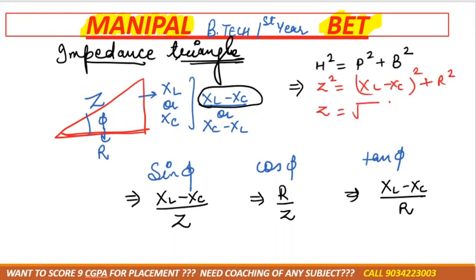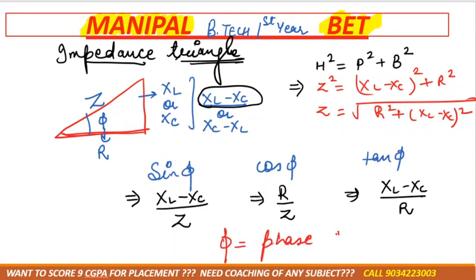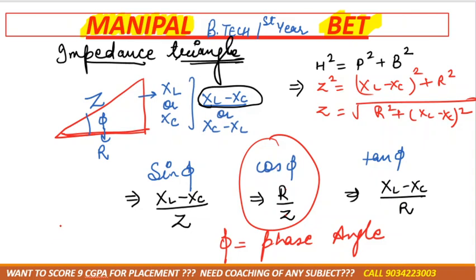So can we say that Z is equal to root of R square plus (XL minus XC) whole square? And if we want to get phi, the phase angle, we can use any formula. Suppose R is known and Z is known, then phi is how much? Cos inverse of R by Z, right? Any doubt up to here?